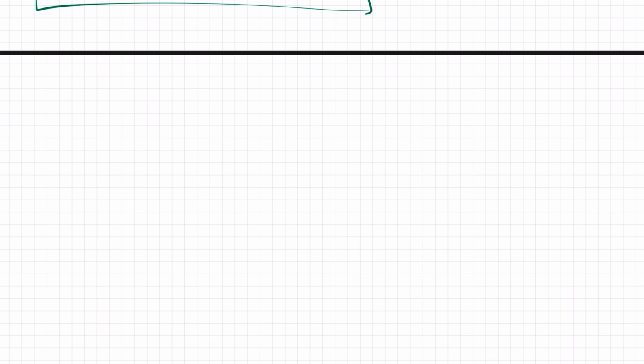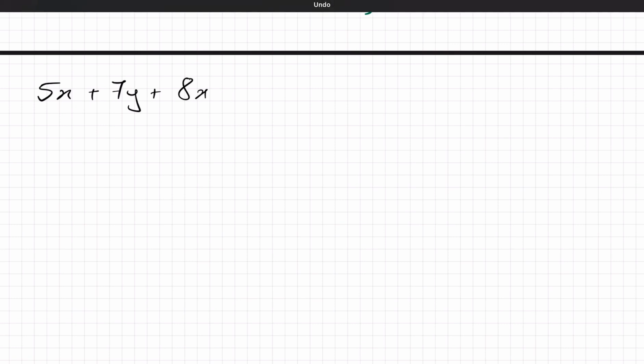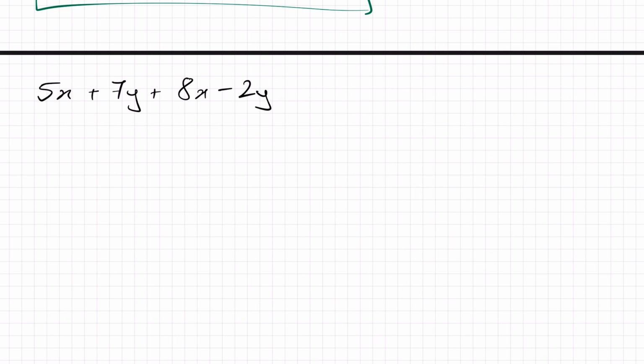So let's say we have the expression 5x plus 7y plus 8x plus or minus 2y. Now again, in this case, like terms aren't really powers of x's, but the x and the y's.